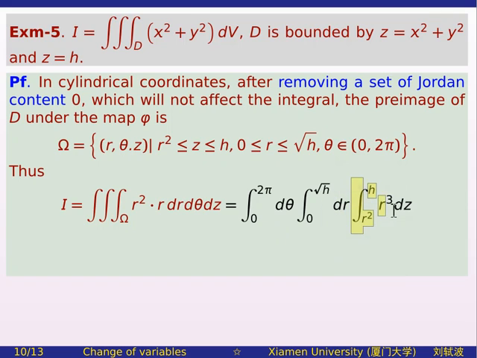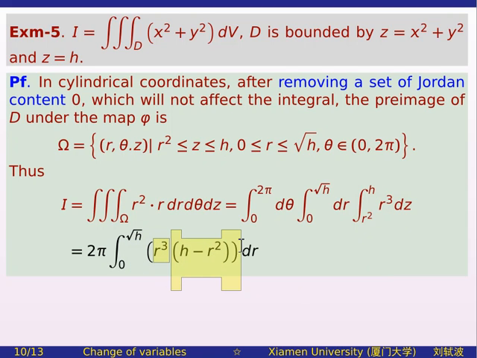Now the inner integral is very easy to compute. That is r squared times h minus r squared. And for the outer integral, because what is inside these two integrals does not depend on theta, this can be considered as a constant and moved outside.